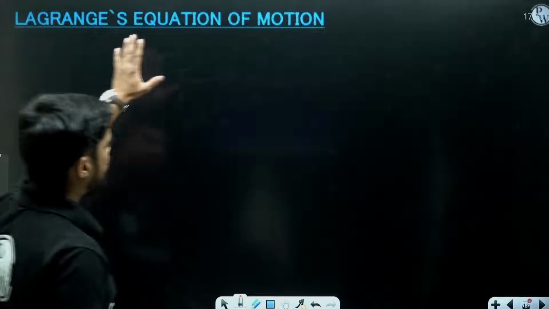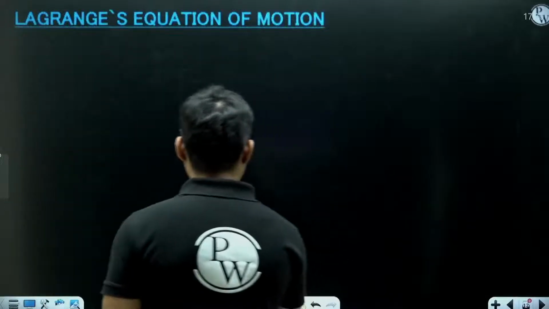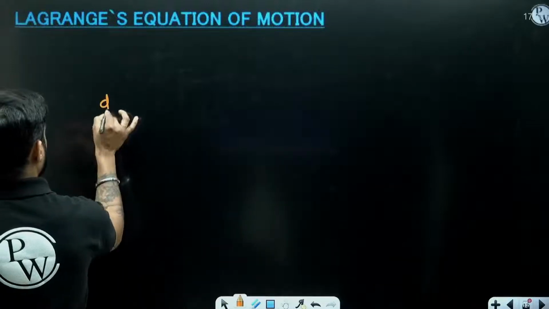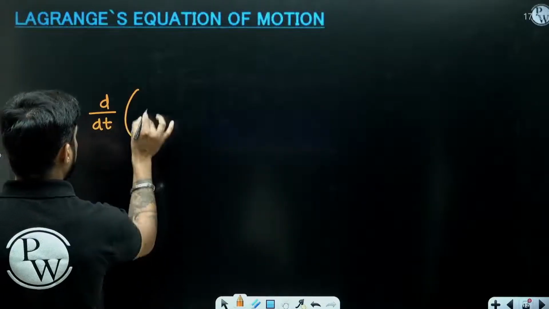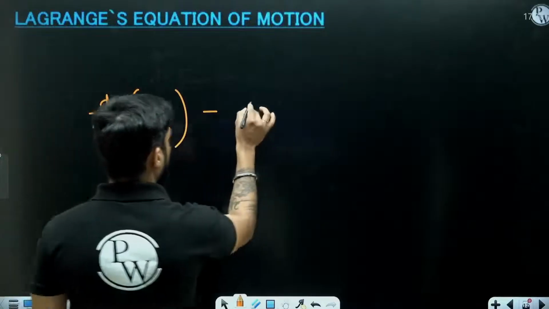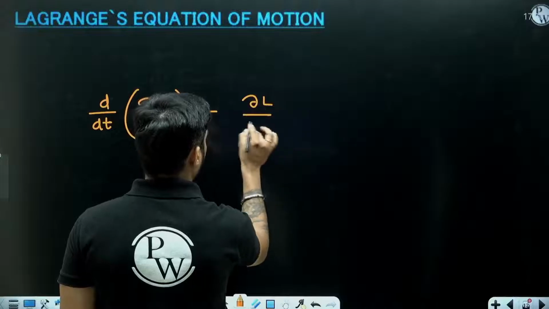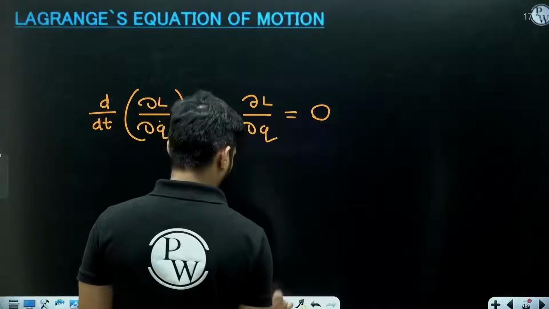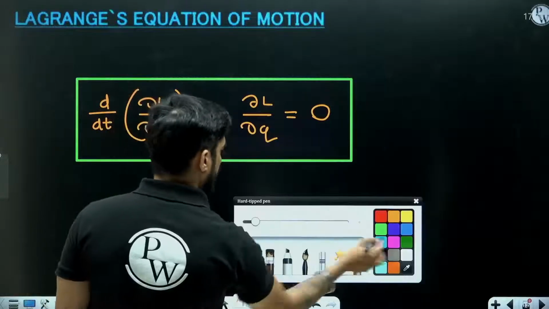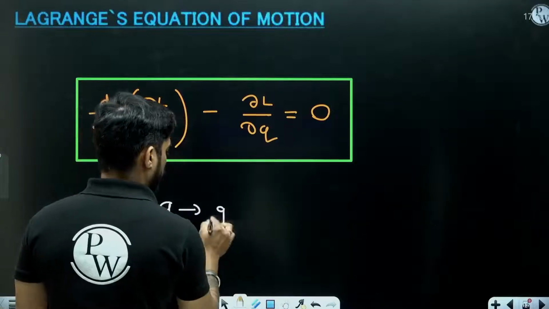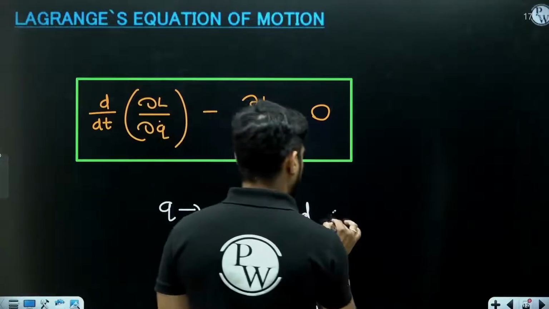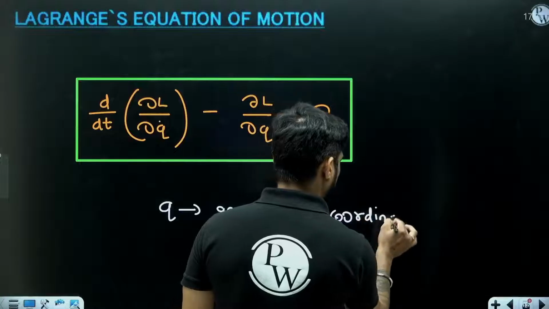Once you find the Lagrangian, then you can write the equation of motion. So what is Lagrange's equation of motion? According to Lagrange's equation of motion, d by dt of del L by del q dot minus del L by del q equals 0, where q is the generalized coordinate.